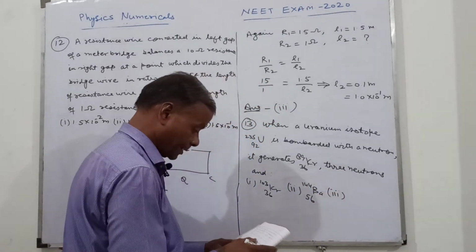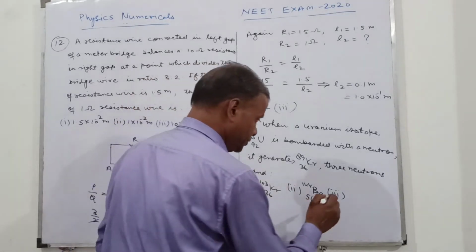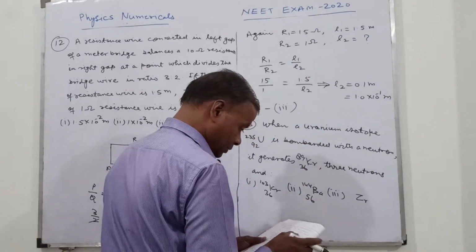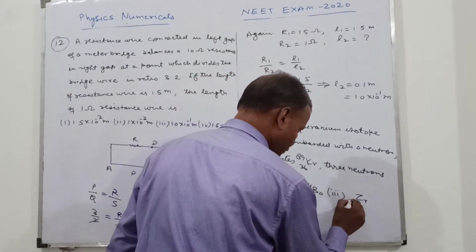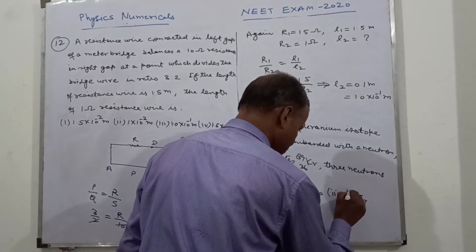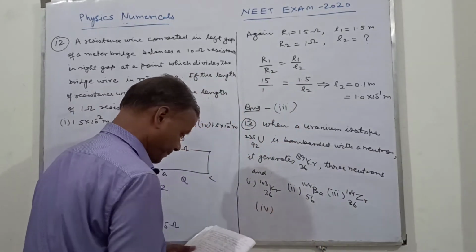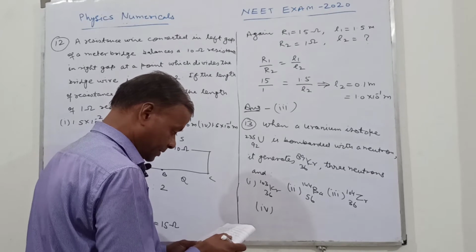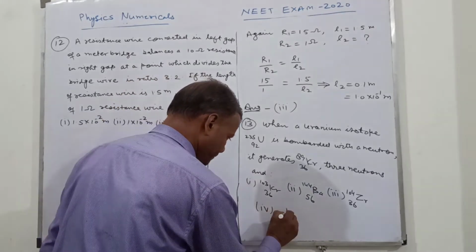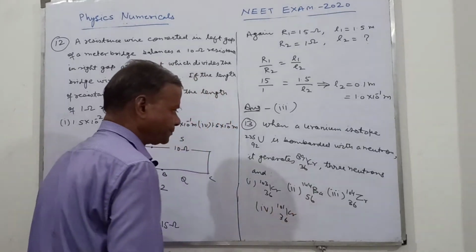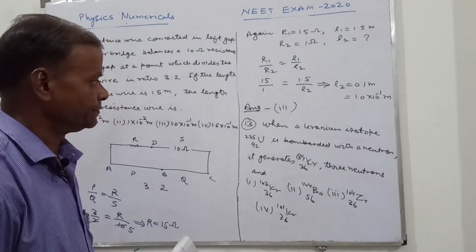Third is zirconium, Zr 36, 104. And fourth option is krypton 36, 101. These are the options.